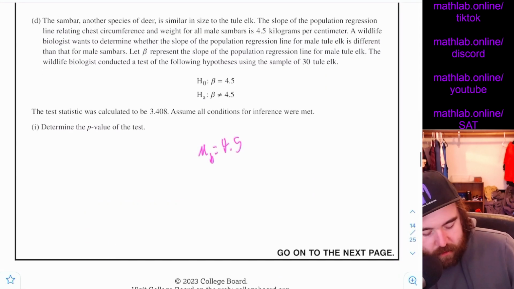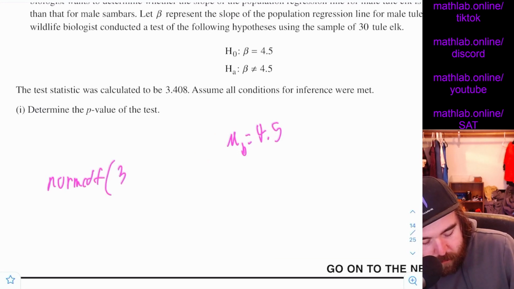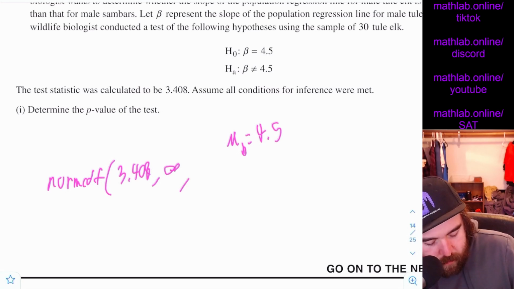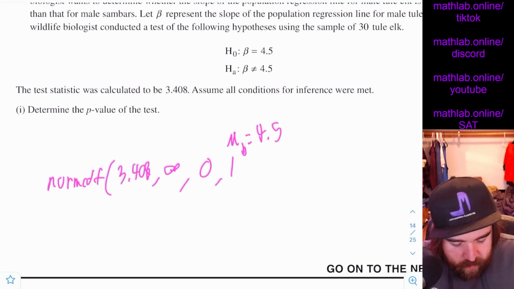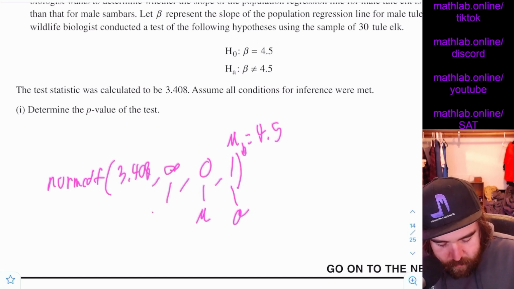So I just have to do norm CDF from 3.408 to infinity of 0 to 1, with a mean of 0 and a standard deviation of 1, and an upper and a lower.